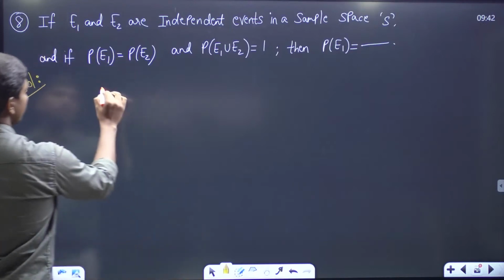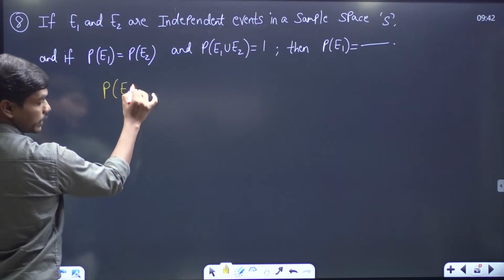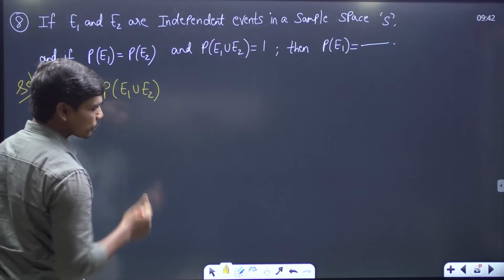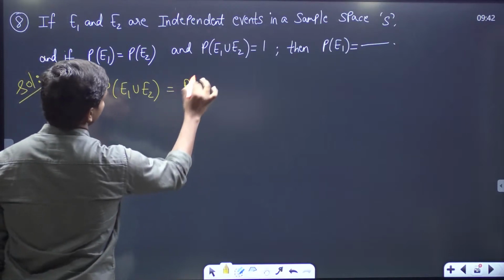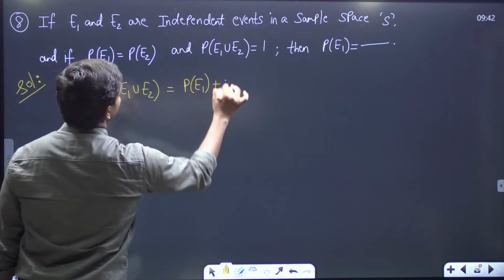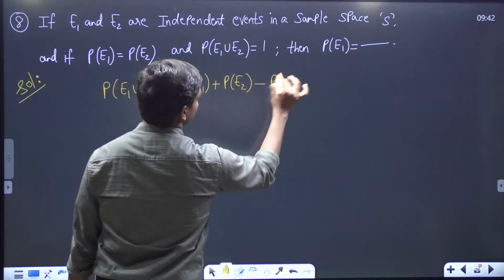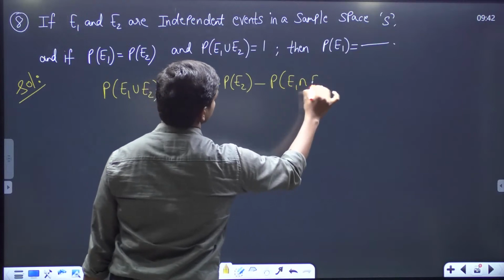One by 2, Divya. Let me check. We have P of E1 union E2 equal to 1, or 1 by 2. Okay, let me do this. So P of E1 plus P of E2 minus 0.5, correct? So 0.5 is the correct answer for this, I guess.